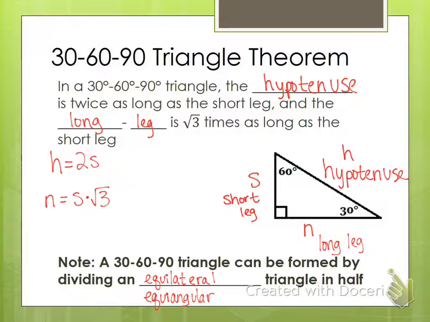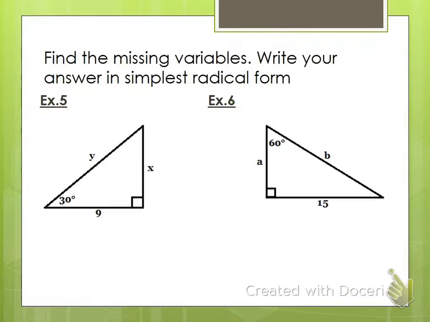Questions, concerns, need more time? Okay. Find the missing variables, write your answer in simplest radical form. Sometimes I like to just label my sides, hypotenuse, short, long, from the get-go.